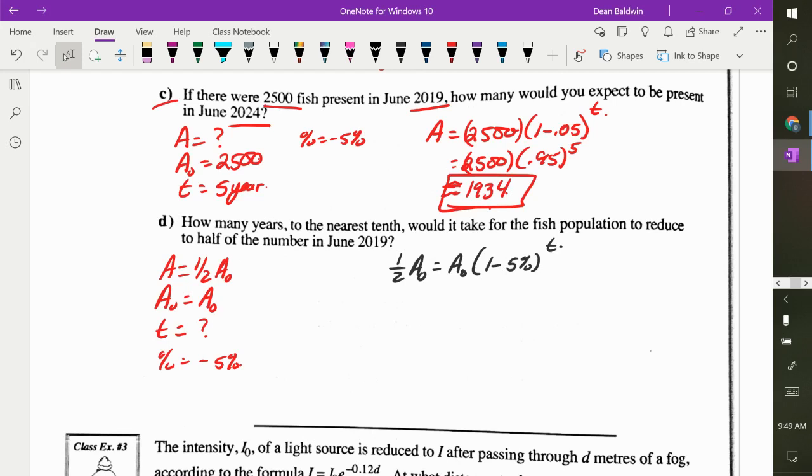What happens to the A naughts? You're going to divide them off, so they're just going to go away. So you end up with that. 0.95 to the t. We have an unknown that is an exponent. What do you want to do, natural log?